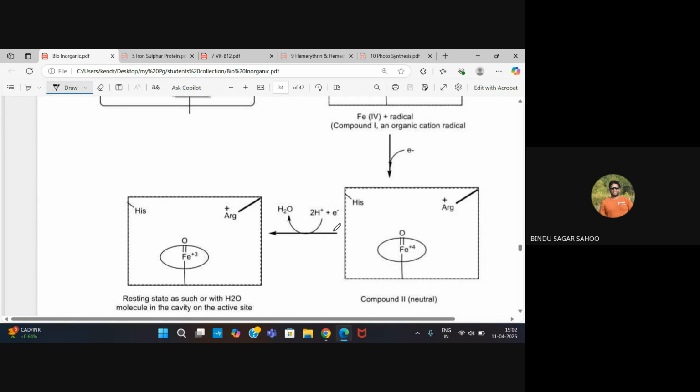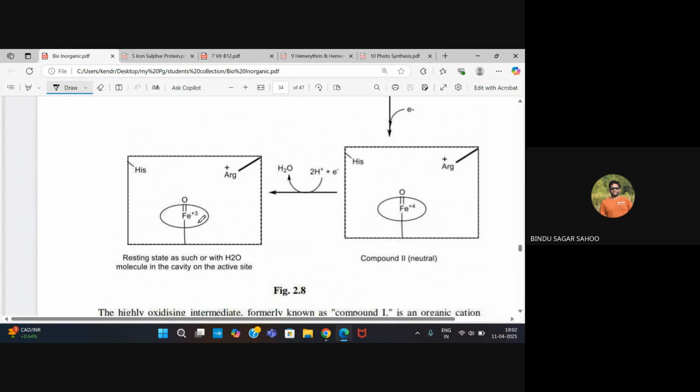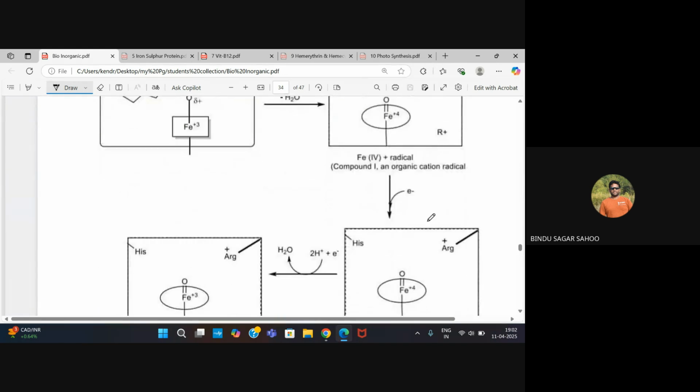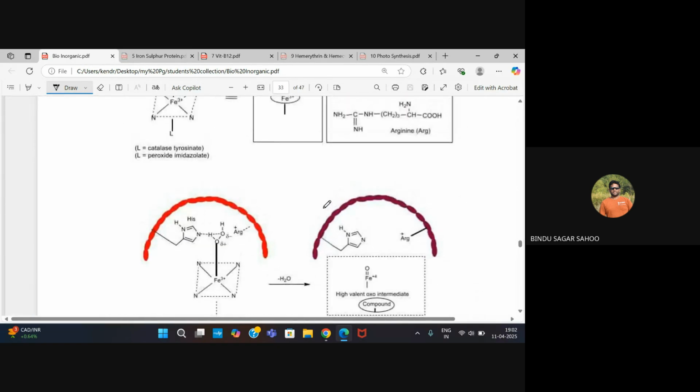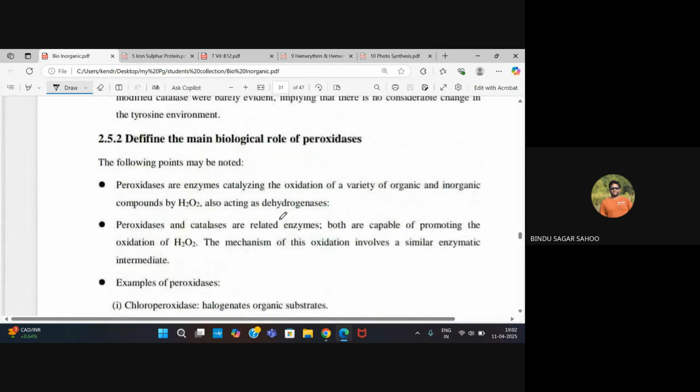And in the next step, if you add a further electron, then it will get converted to Fe3O, and it will form a water molecule here. Okay, like that. So you can represent the mechanism by these four boxes, or you can represent the mechanism simply as a two-step reaction.